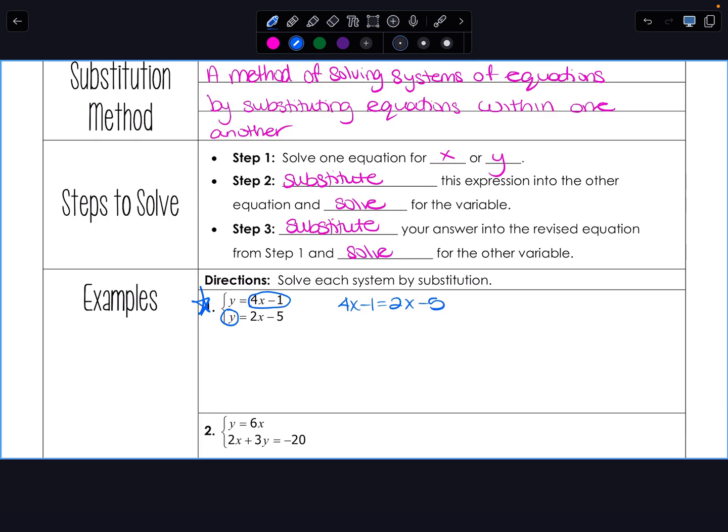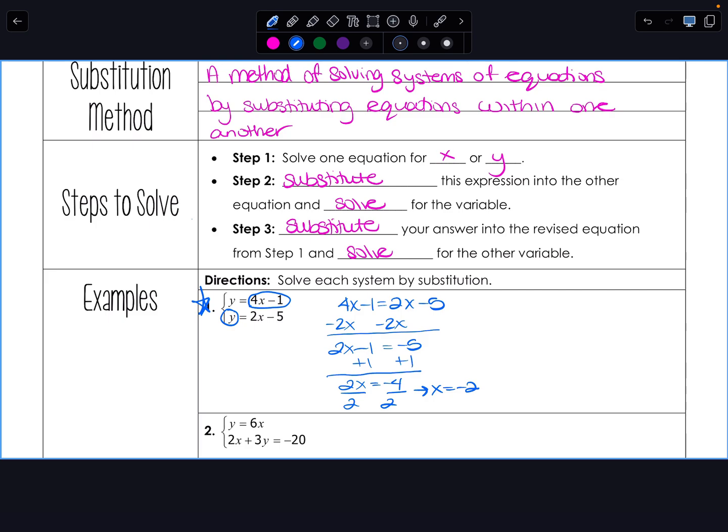And then I'm going to solve for x. So I get 2x minus 1 is equal to negative 5. Add 1 to both sides. 2x is equal to negative 4. Divide by 2, and I get x is equal to negative 2.